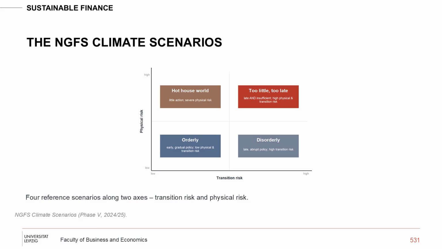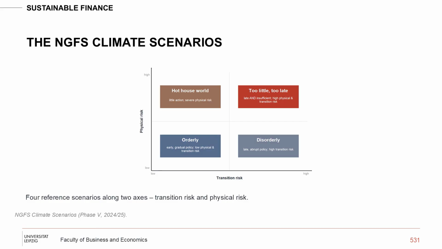And a too little, too late world, the worst of both. The beauty of this 2x2 framing is that it captures the fundamental trade-off of climate policy in one picture. You can pay now through an orderly transition, or pay far more later through physical damage. But you cannot avoid paying. These scenarios are now the common language of climate stress testing worldwide.